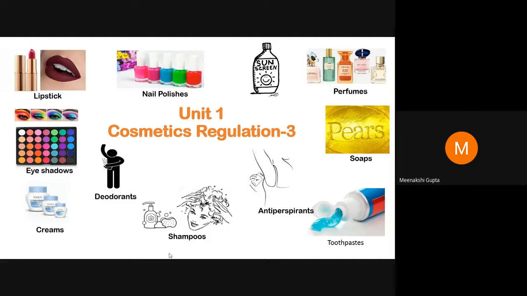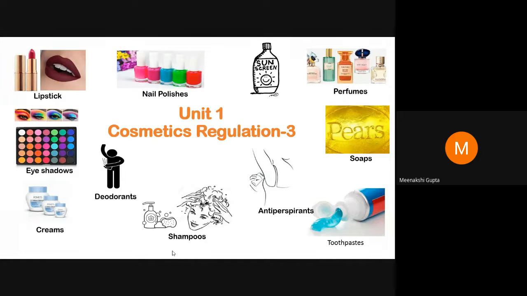So inspectors are appointed. They see whether all the basic requirements of equipment are fulfilled, whether adequate space is there, and the licensee has to file all the details about the firm and the equipment. All this we discussed in the last class. We also discussed the minimum staff requirement, that is, qualified staff should be there for the manufacturing of cosmetics.